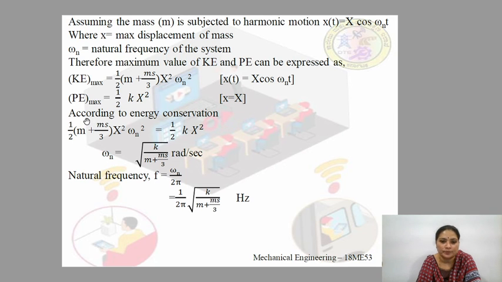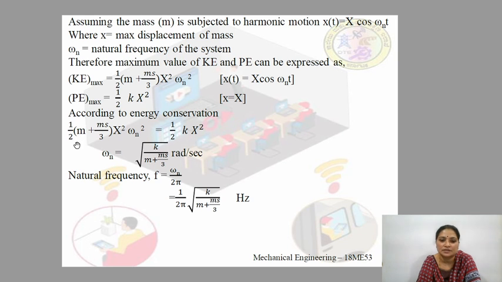Now, according to the energy conservation law, we know that kinetic energy maximum is equal to potential energy maximum. So, equating these two equations, 1 by 2 into m plus ms by 3 into X square omega n square is equal to 1 by 2 k X square.